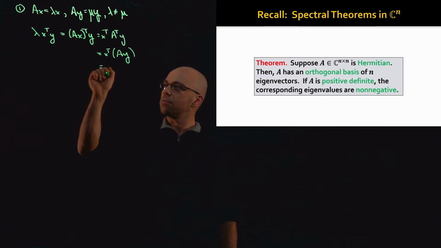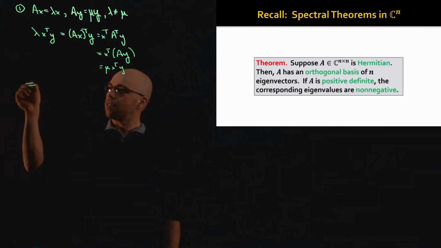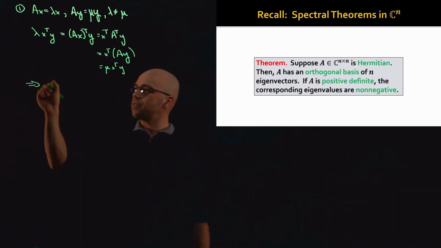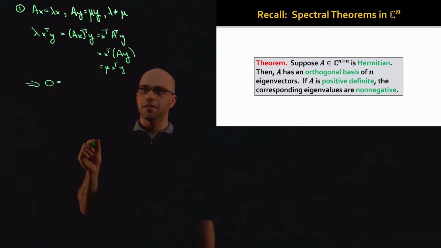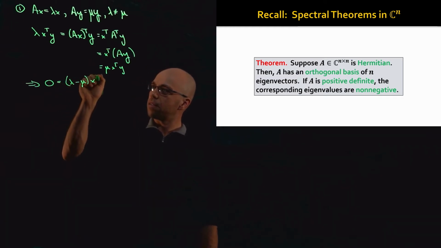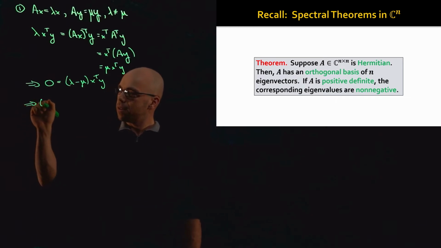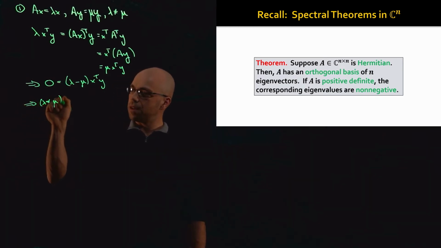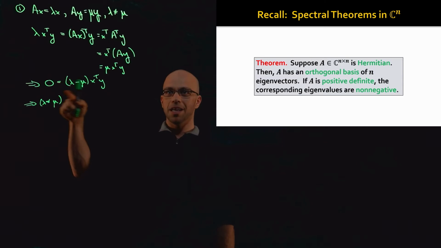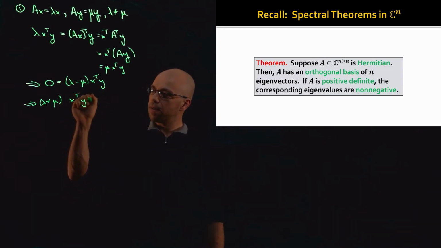So this is equal to mu x transpose y. Okay, so if we subtract the right-hand side from the left, we get that 0 is equal to (lambda minus mu) x transpose y, but we know that lambda is not equal to mu by assumption, so we can divide by lambda minus mu because it's non-zero, and we get x transpose y equals 0.